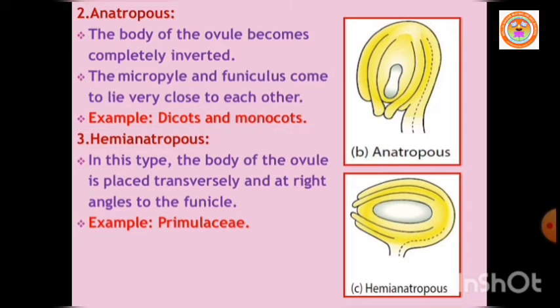You might remember, in orthotropous ovule, the ovule is mostly vertical, in which micropyle, chalaza, funicle lie on a straight line, but here it is transversely placed and at right angles to the funicle. So when you observe, the funicle is at right angle to the ovule which was transversely placed. Example, Primulaceae.